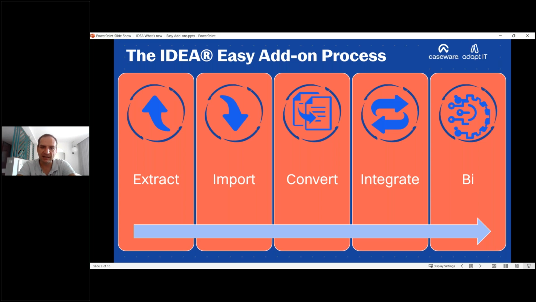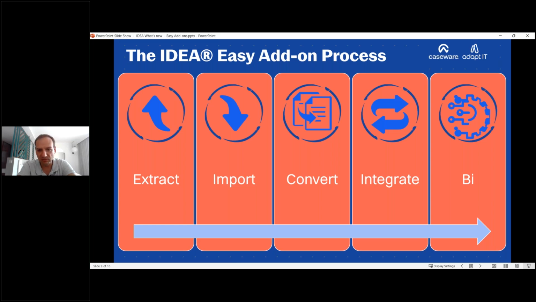Then, to standardize the data, we convert the data that was imported, if you click on the convert button, into a standardized format that we then use to go and do the testing.